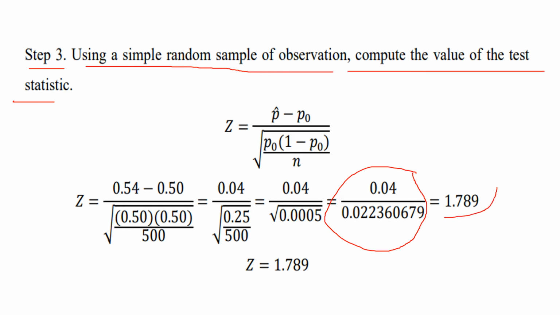So our final answer is 1.789. So this value is a positive value, no, that we're going to compare now to your critical values based on the level of significance, and using the table, we can identify the critical values for your right tail test.